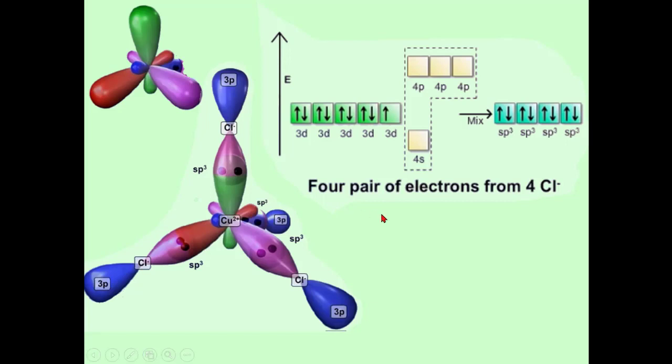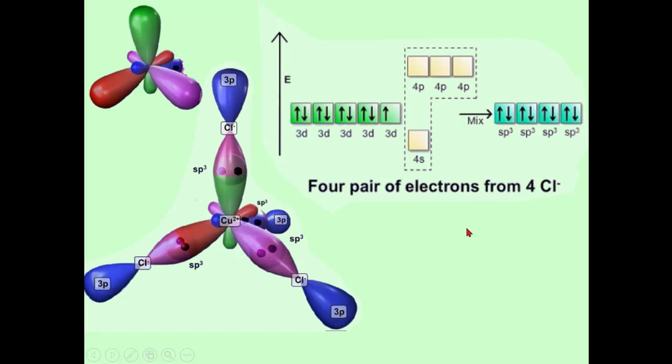You may see that in the previous slide all four sp3 orbitals are empty, but now here is a little bit different scenario. Here you see an electron pair in each of the sp3 orbitals with a new blue color coding. This is just like four pairs of electrons from the four chloride ligands coming here.